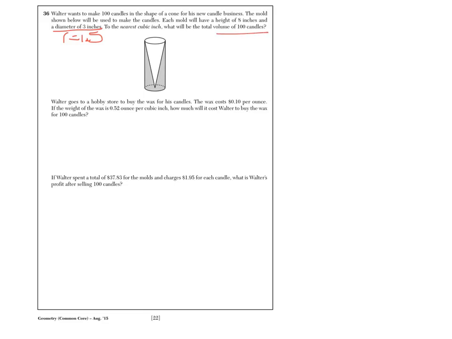Okay, so volume for a cone is equal to 1/3 the area of the base, which is pi r squared, it's a circle in this case, times h. We're going to take 1/3 pi times 1.5 squared, and the h here is the same thing as this outside part we assigned to be 8, so it's times 8.